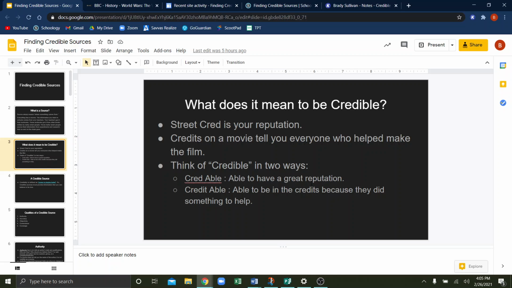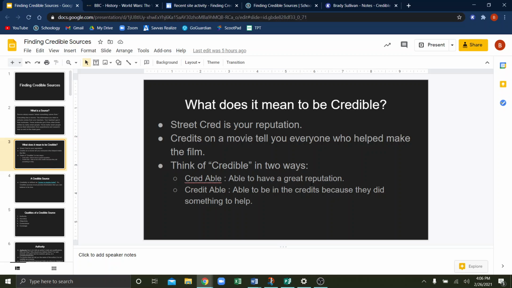And creditable. Now, creditable, your spell check is going to get that immediately. Creditable is a different word than credible. Creditable: able to be in the credits of something because they did something to help. Okay, think of credible being these two different things. Able to have a reputation and something that helps.